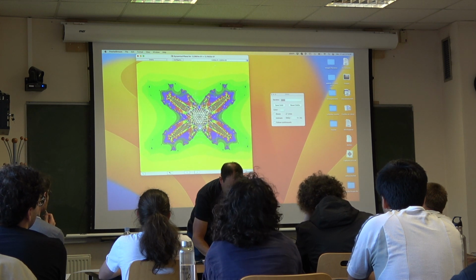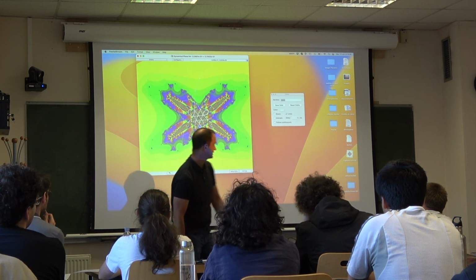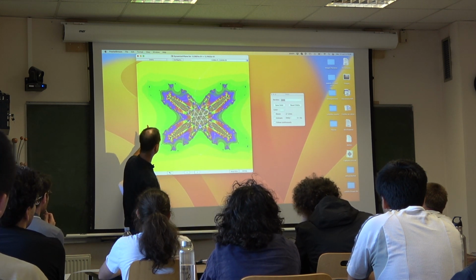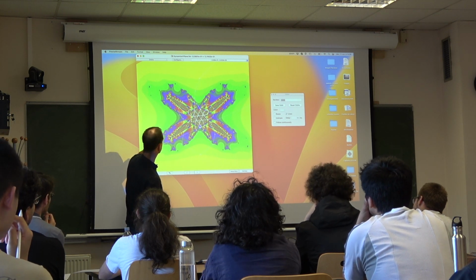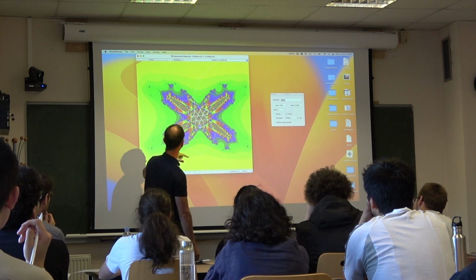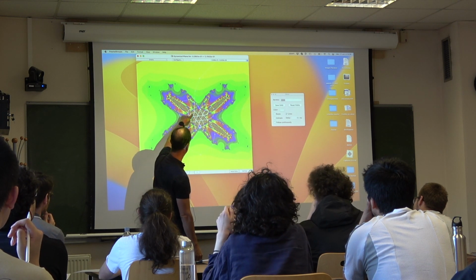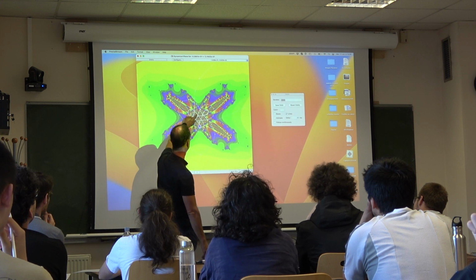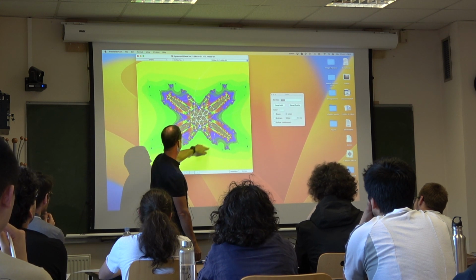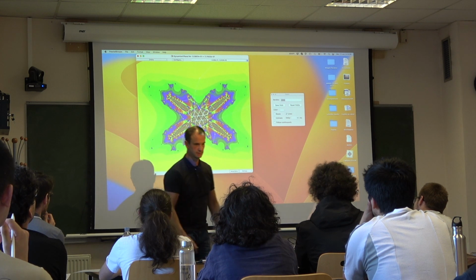If I start here, what you can see is some kind of structure in the successive points. Where did I start? I don't remember. I started here, and the successive points draw some curve before it goes to infinity.